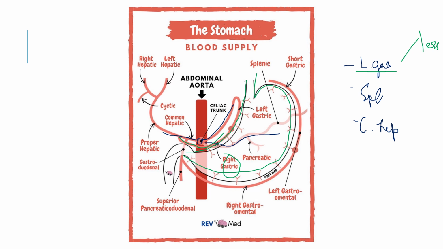So the common hepatic gives out a branch called right gastric, which supplies the lesser curvature.